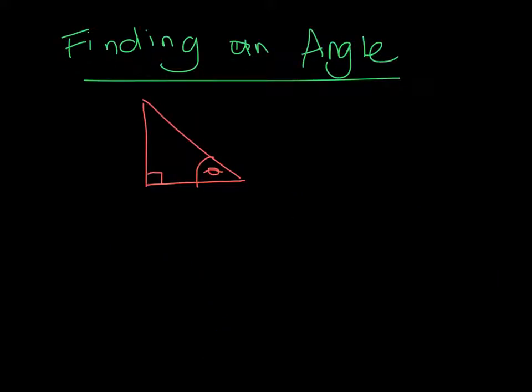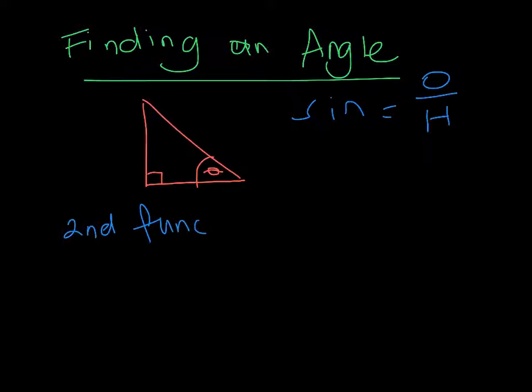Okay, so now we're going to look at finding an angle. So in this case, you've got a right-angled triangle here, and you can see we've got our angle with an unknown value. So once again, we're going to use sine, and just to jog your memory, it's opposite over hypotenuse. When we're finding an angle in our calculator, we need to press our second function button, and then sine.